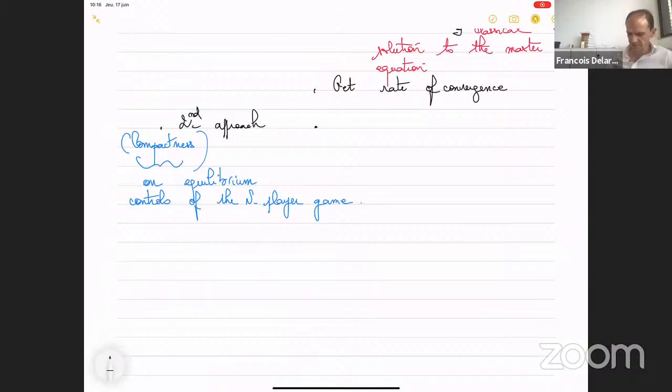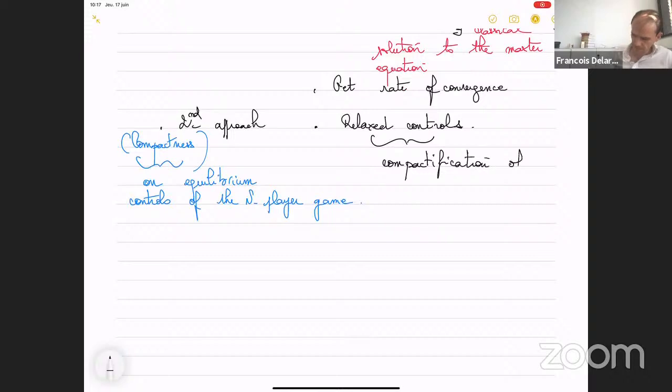So instead, the approach that has been developed was to use the notion of relaxed control. And I know that some of you know this theory. Relaxed controls, you should regard this as a compactification of standard controls. And the way you compactify is that you replace your controls by measures.